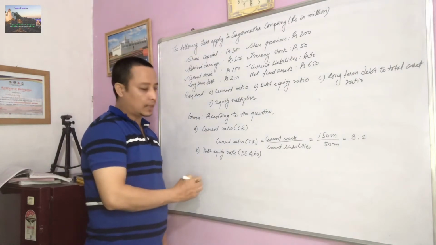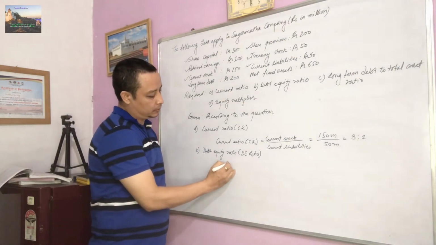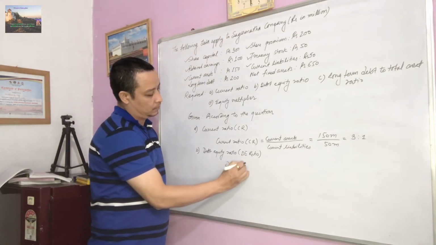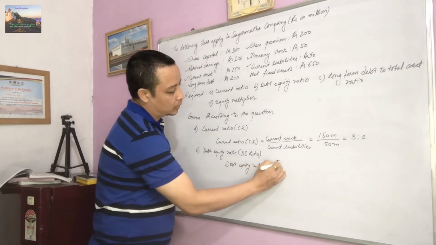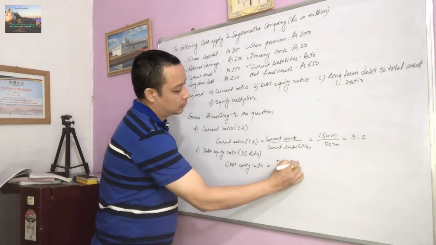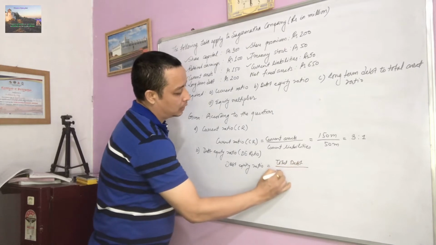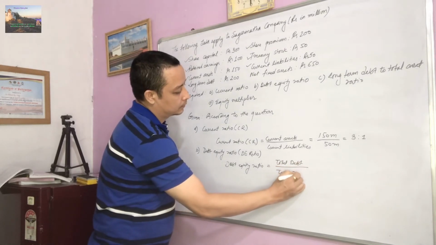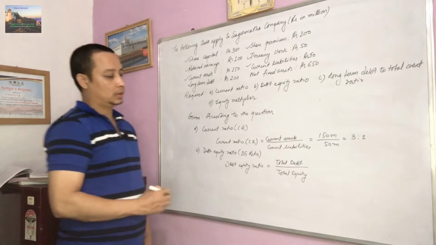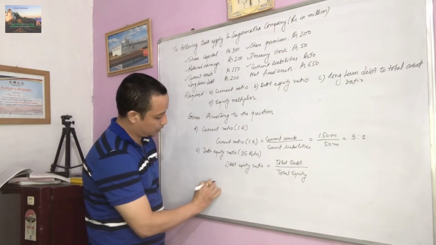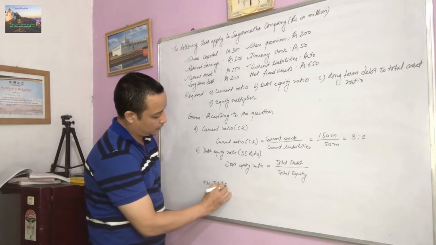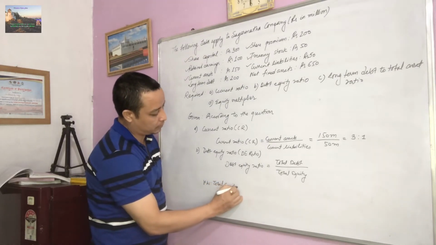Or also you can do it this way, debt equity ratio equal to total debt upon total equity. So now you can calculate working note. In working note you can calculate total equity, or you can also call it common equity.